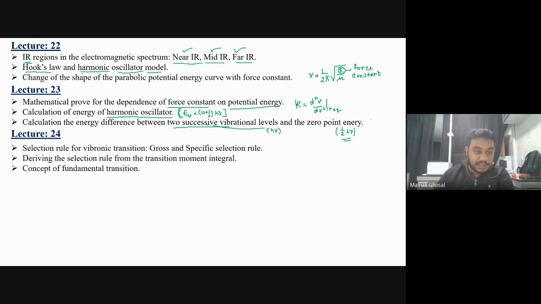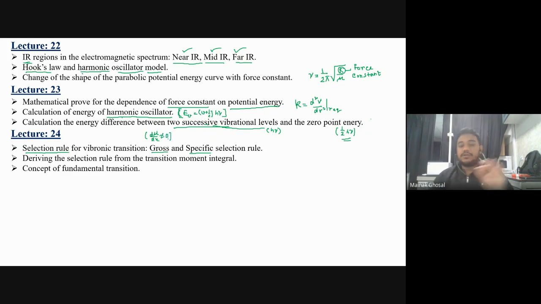Next, there was a discussion of the selection rule for vibrational transition, with two parts: the gross selection rule and the specific selection rule. What is the gross selection rule? It states that d mu by dx is not equal to 0.